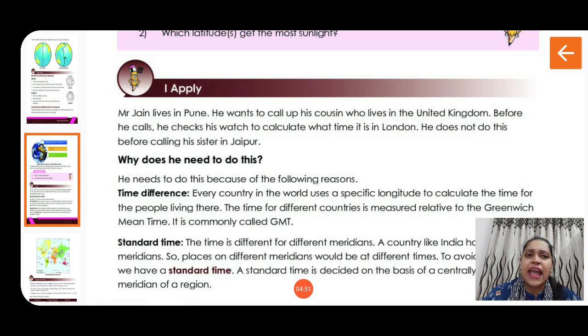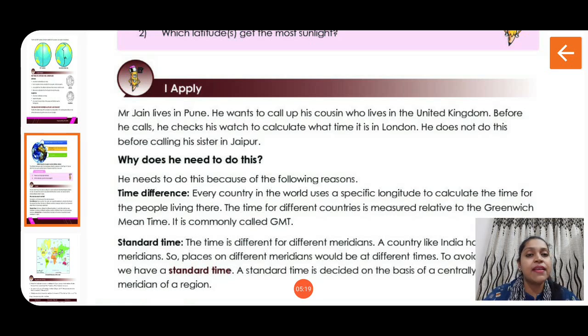So, children, every country uses a specific longitude. There are many longitudes which pass through a country, but in every country one longitude is taken as the specific longitude to calculate the time for the people living there. For one country, one longitude.